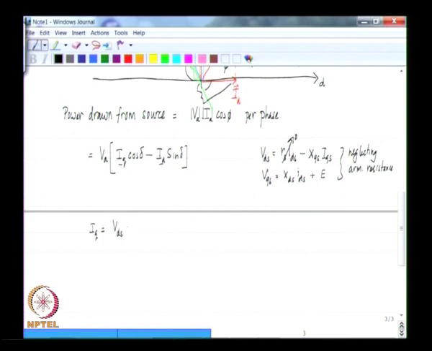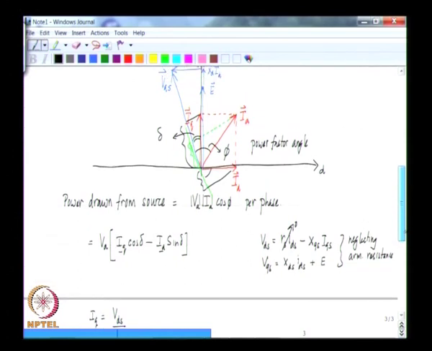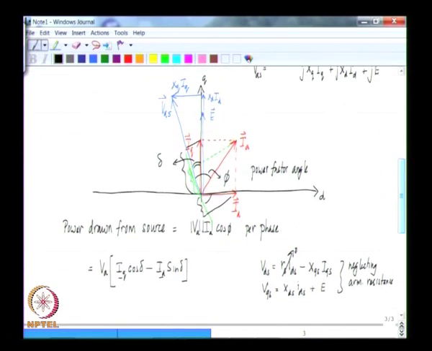VDS by XQS. VDS is nothing but VA. So you have the armature vector VA, armature AC supply voltage phasor.